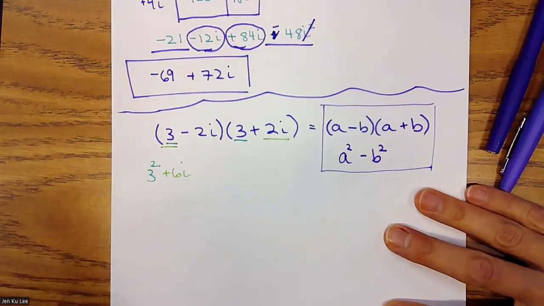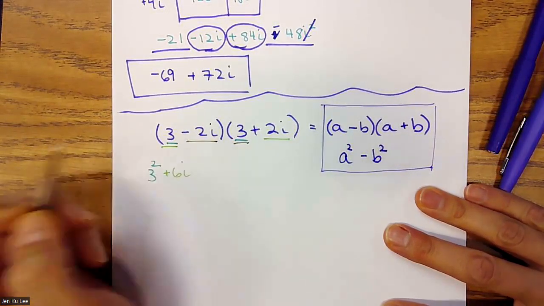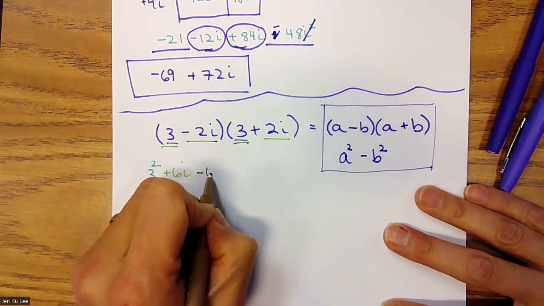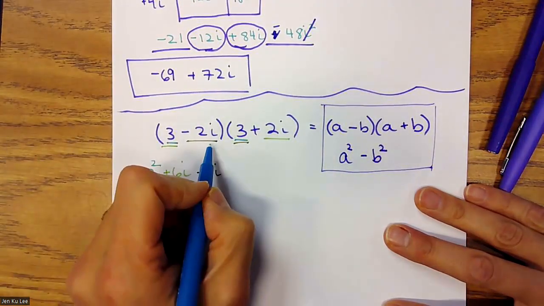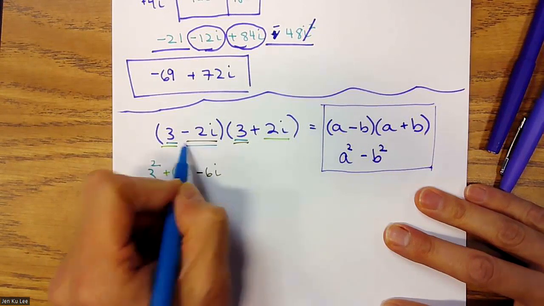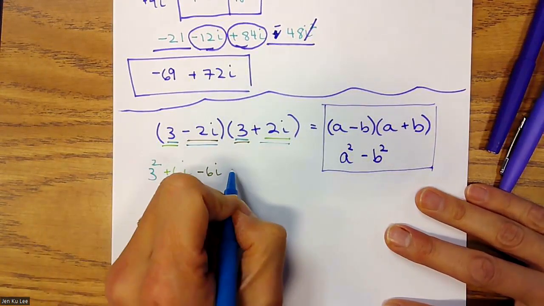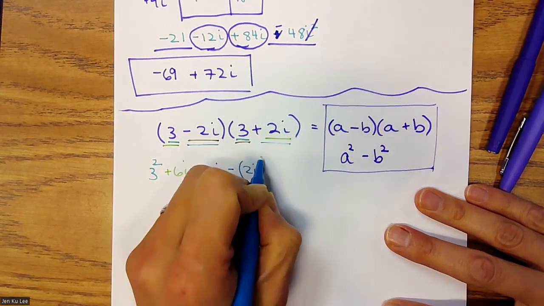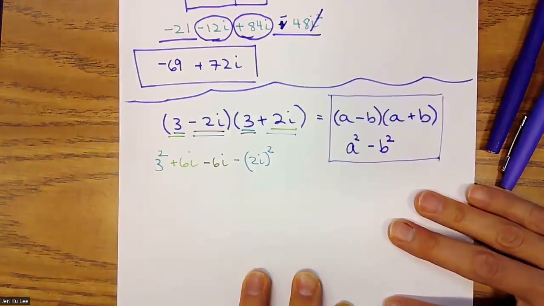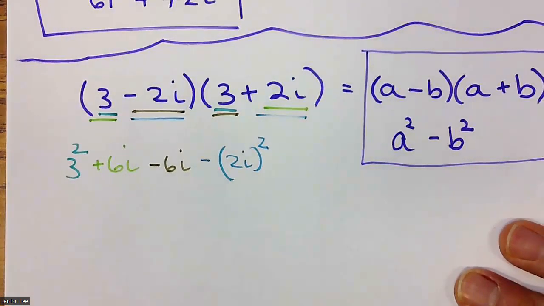The I in FOIL is inside, so -2i times 3, that's -6i. And then the L in FOIL is last, so -2i times 2i, and I want to put it in parentheses, squared. Right? Breaks out to be that, correct? Any questions on how I broke it down? No?